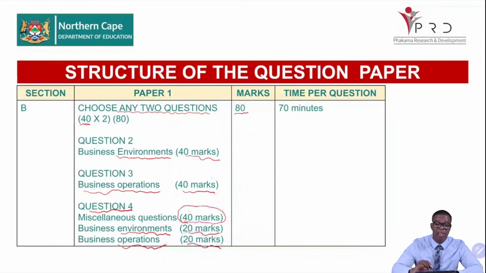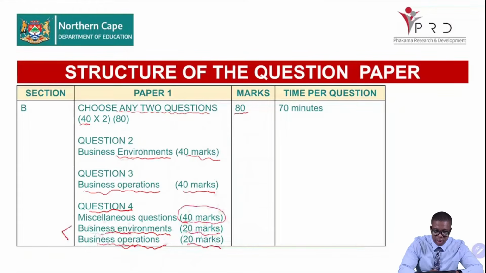So it is very, very important that now when you look into the breakdown of section B, where we say question 3, question 2, and question 4 will be having such main topics, be aware that with question 4, both main topics are being assessed. You'll have questions from the subtopics under the business environment and questions from the subtopics under the business operations.